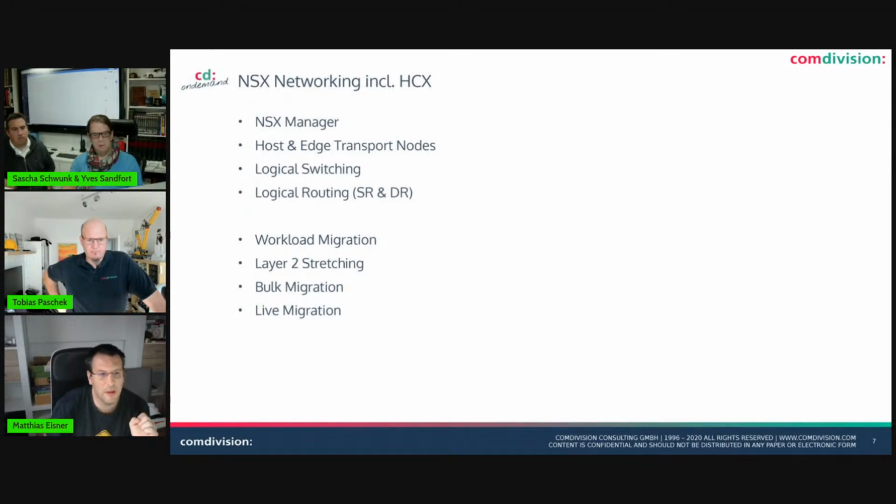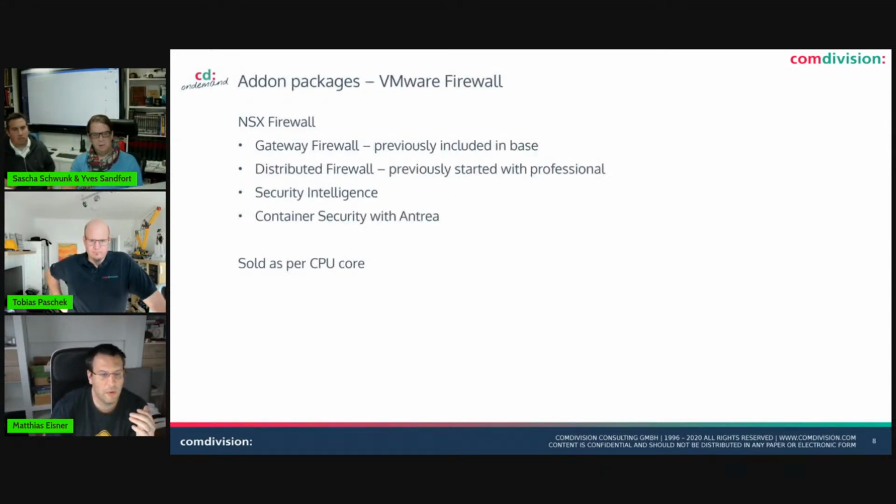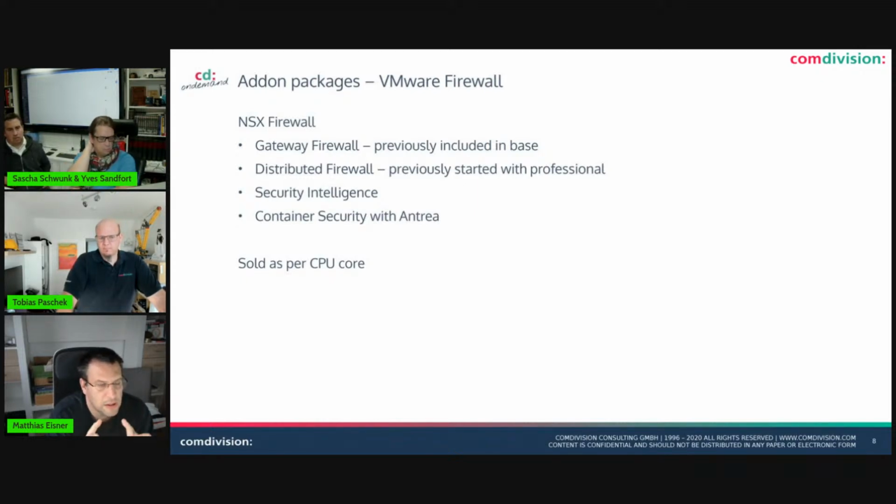But one of the biggest changes, at least from my point of view, is the whole security approach, or the licensing for security. With the vCF model, none of the NSX firewalls are part of the base or the vCF licensing. So previously, the gateway firewall of NSX was part of the base license.